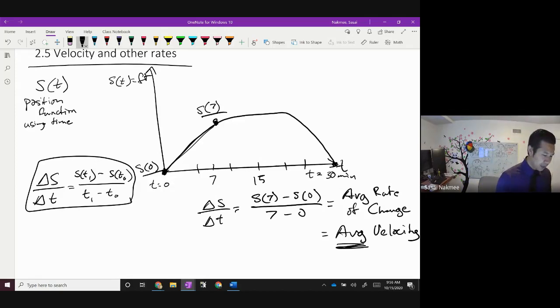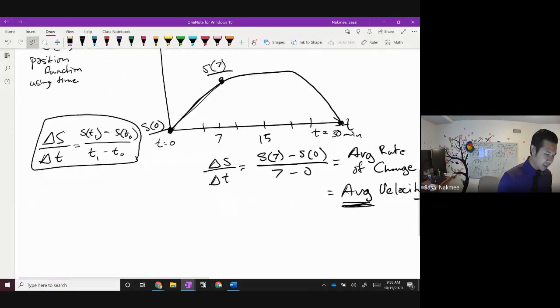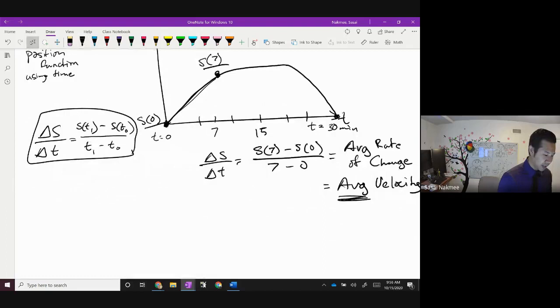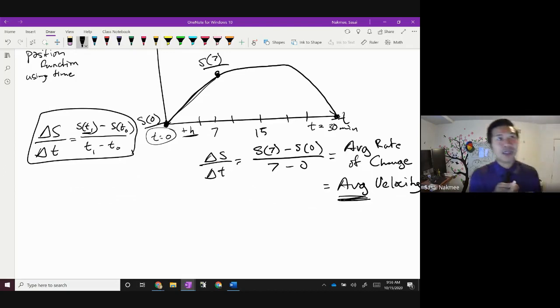Now, this is going to get a little weird, and if it doesn't make sense, just hang on tight and follow along. I promise you it will make sense in a second. You can break this down. This second time is initially just whatever your time was to start with plus some random value of h. You're like, here you go with the h again. This is just a placeholder. You're adding this random number to go from this time to t equaling 7.